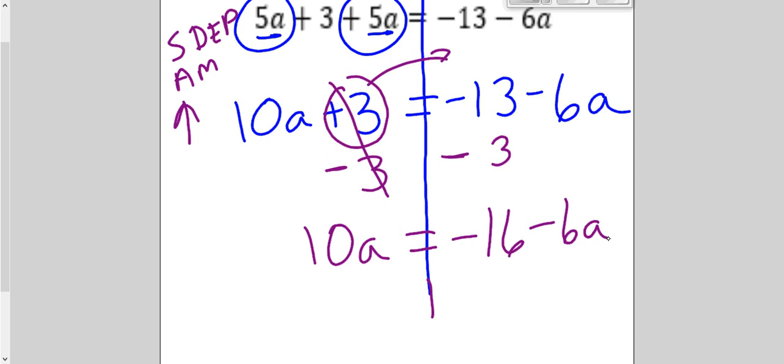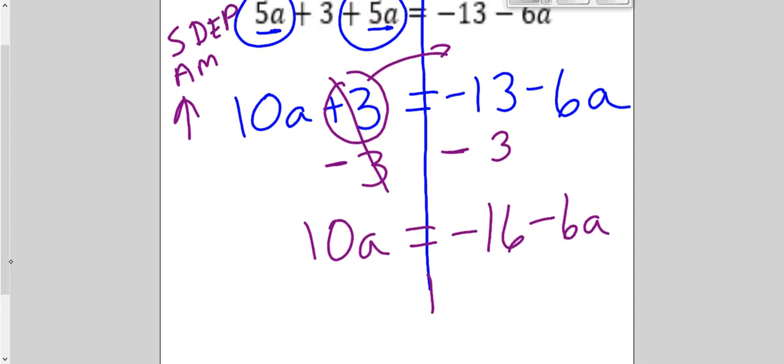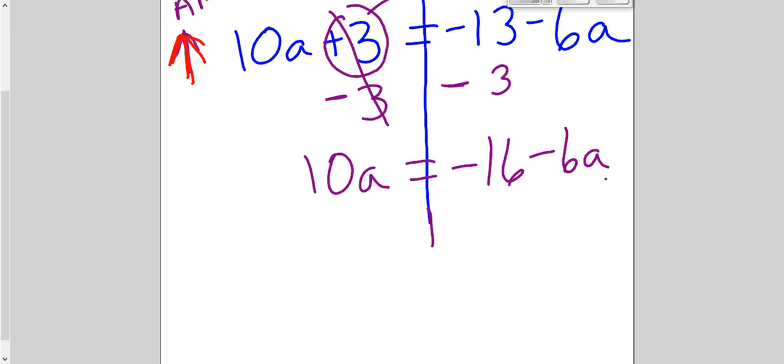But now notice I have my 10a and I have negative 6a on the other side. So I need to move that over. Again, I'm going to do addition and subtraction. I'm still stuck in this first step. I haven't moved to multiplying and dividing because there's still subtraction here. So this time I need to move this to the other side.